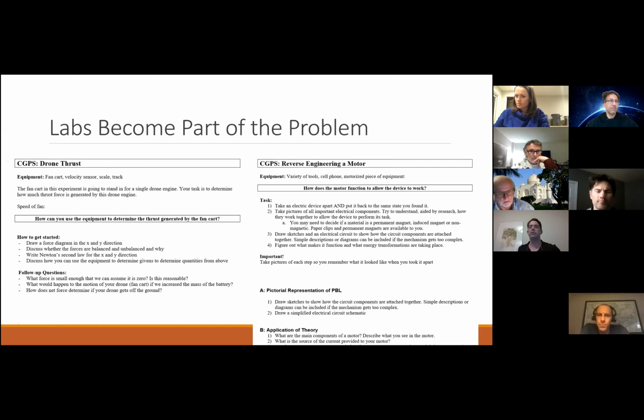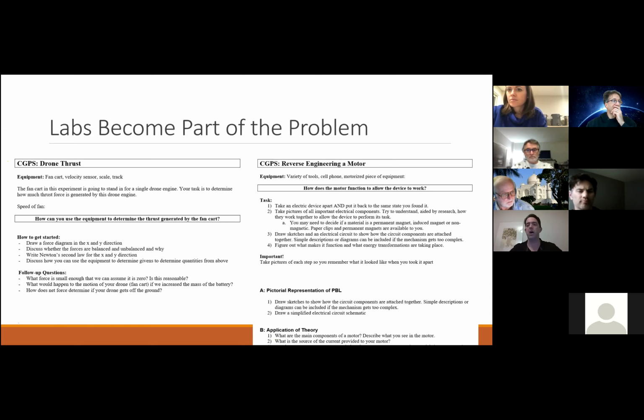So I would take a normal Newton's second law lab, use the fan cart, and all of a sudden we can calculate how much thrust the fan can create using Newton's second law. So a lab that I would typically do in a normal forces unit all of a sudden becomes a drone lab that I can apply to whatever problem-based learning I might choose to do.